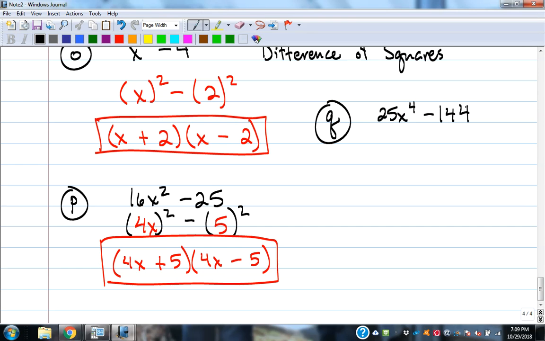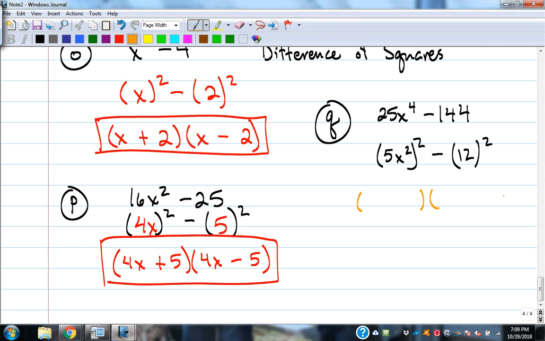25x to the 4th, minus 144. Mm-hmm. 5x to the second squared minus 12 squared.